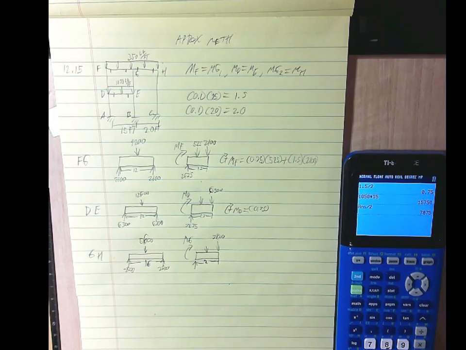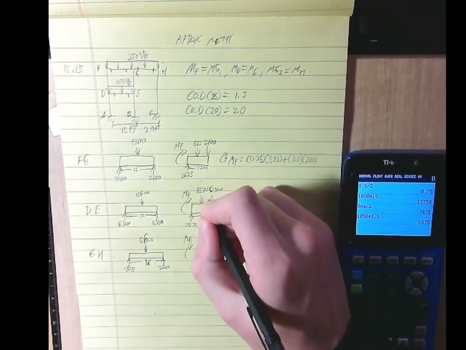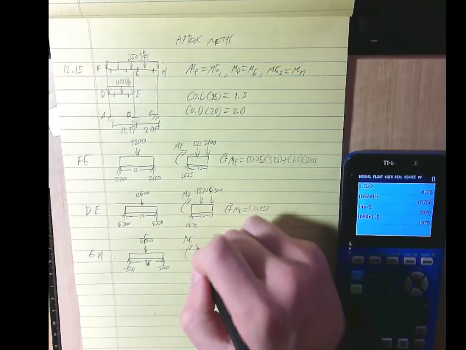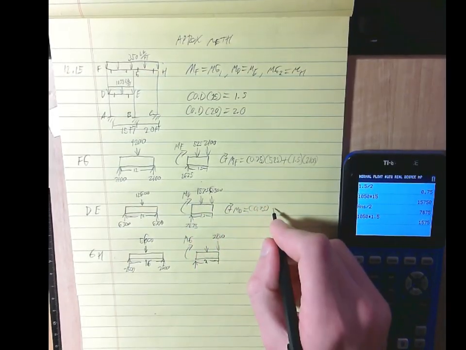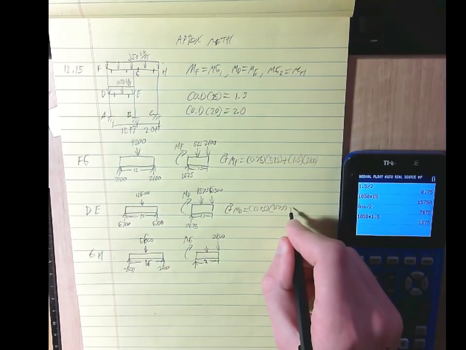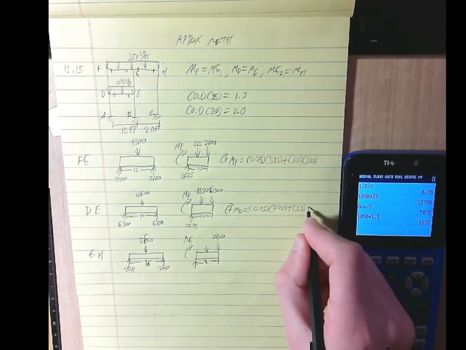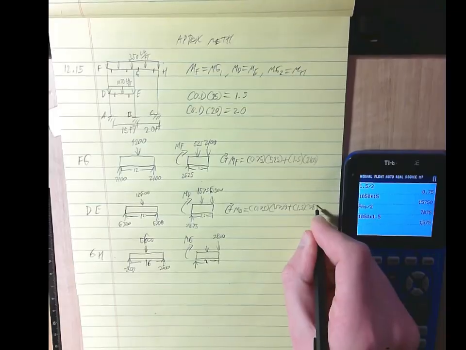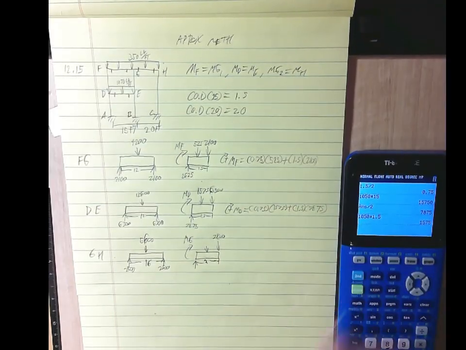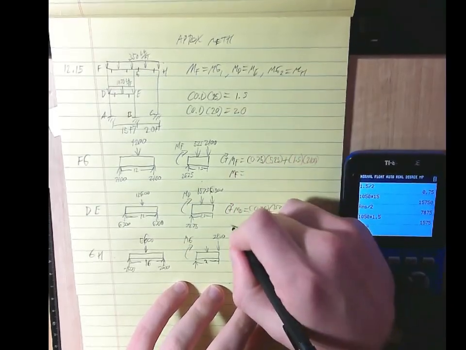And then same thing, 1050 times 1.5 is going to be 1575. So it's going to be 1575 plus 1.5 times 7875. Okay, sweet. So now we can say our MF is going to be equal to this.